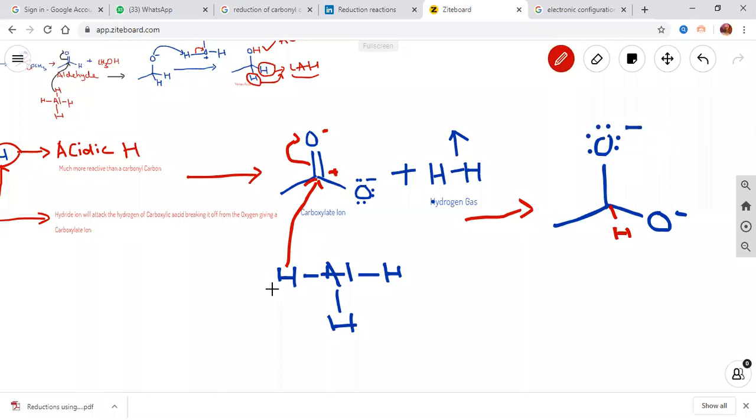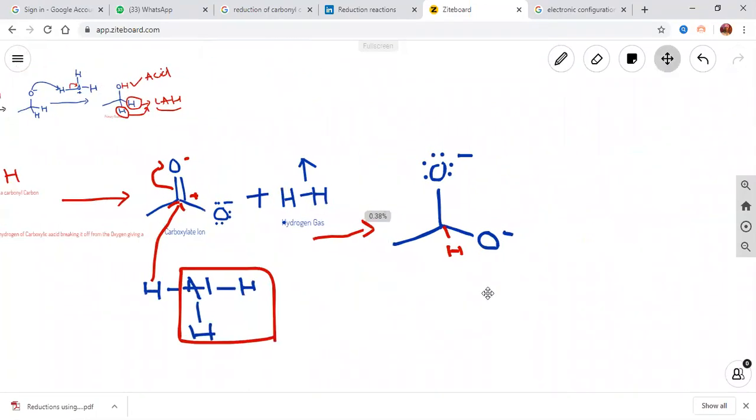And this part, because now it is devoid of two bonds, two bonds are less, so this will bond with this oxygen.